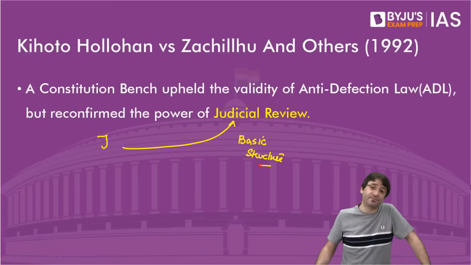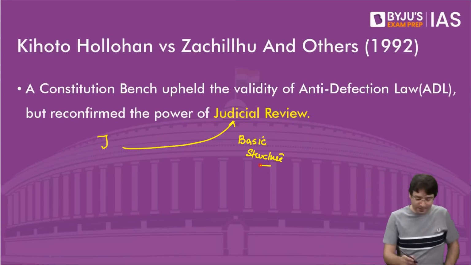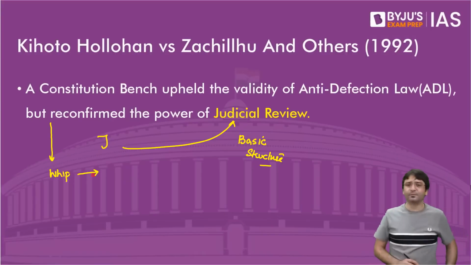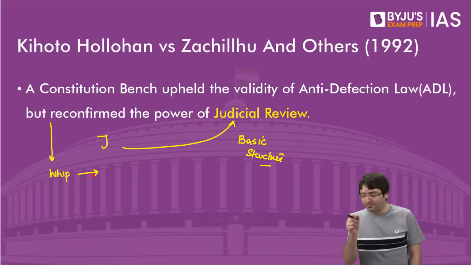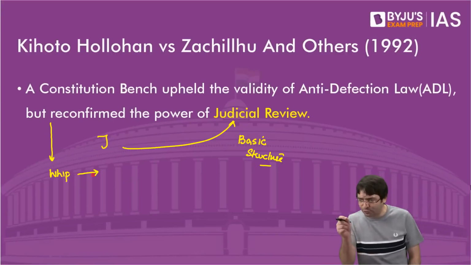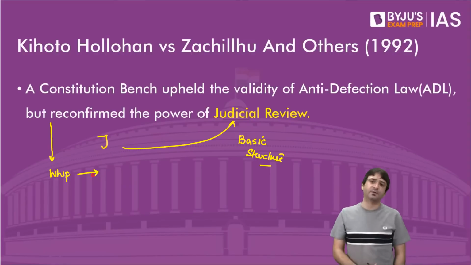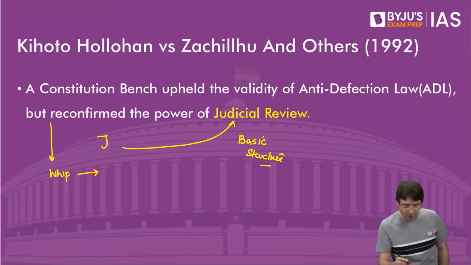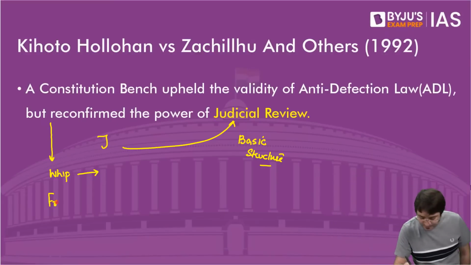The question was something else as well. The question was, my lord, whip. A member of a house belonging to a political party has to abide by the whip of that political party. It goes against freedom of speech.